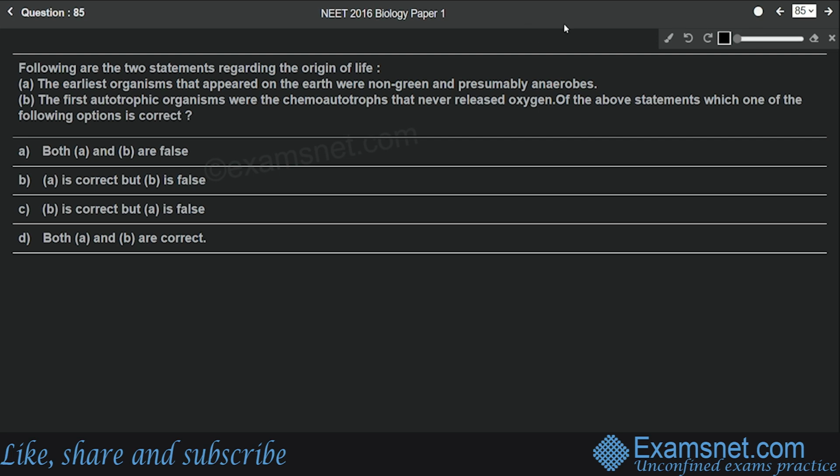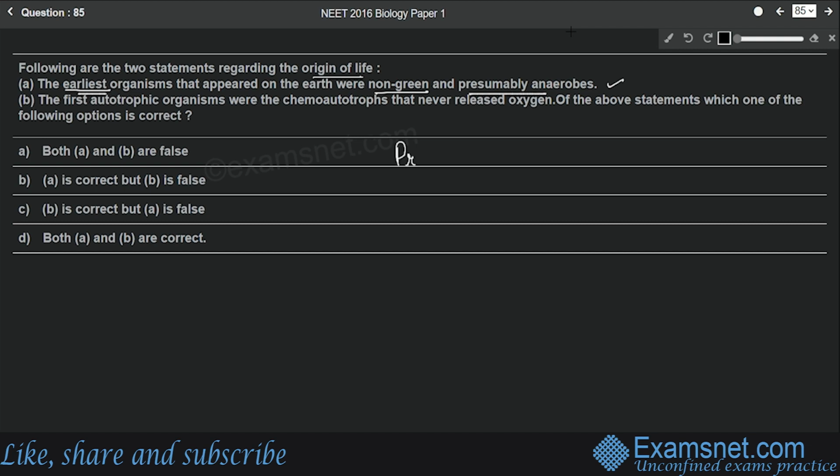Question number 85 is from the chapter Evolution, and the question is, following are the two statements regarding the origin of life. So the first statement says the earliest organisms that appeared on the earth were non-green and presumably anaerobes. So yes, this is a correct statement because the earliest organisms were non-green.